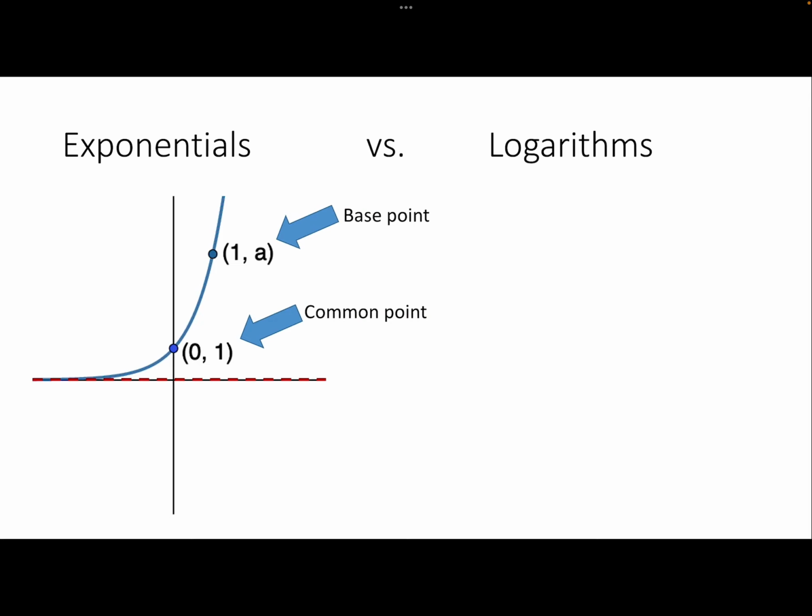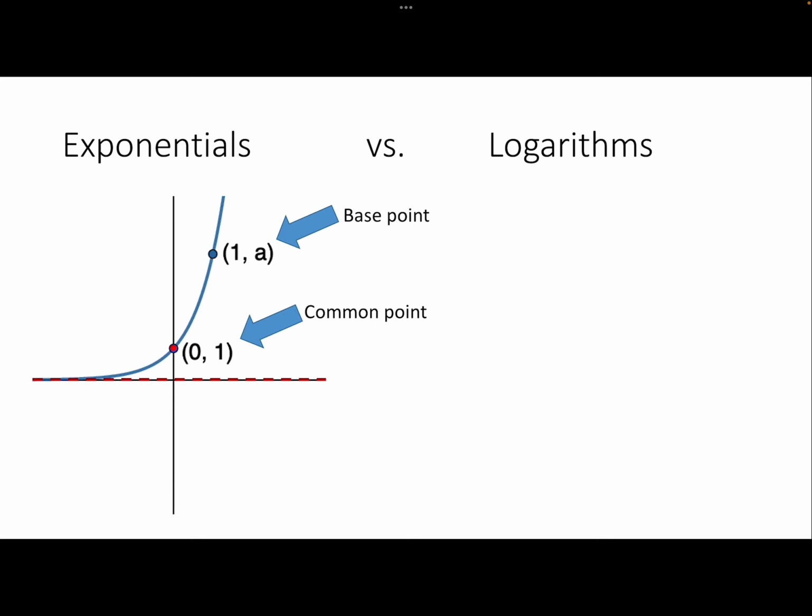All right, so exponentials versus logarithms. When we were graphing exponentials, I mentioned that because exponentials grow so much and we are limited in our graphing space, we have to be able to at least give 2 points and an asymptote. So our 2 points are always the common point of 0, 1, and then the base point based on what the base is.